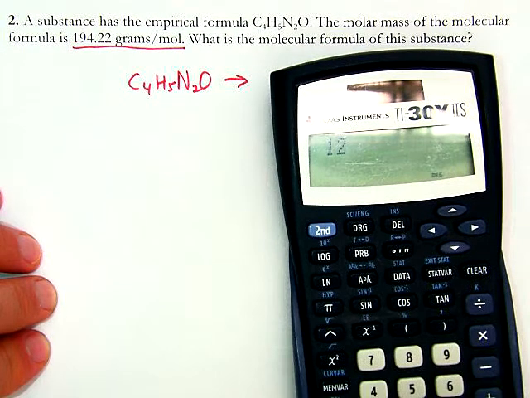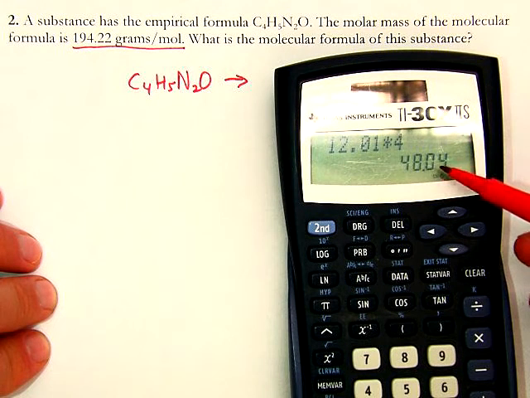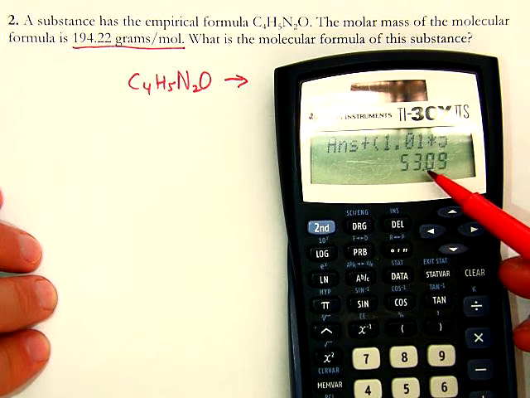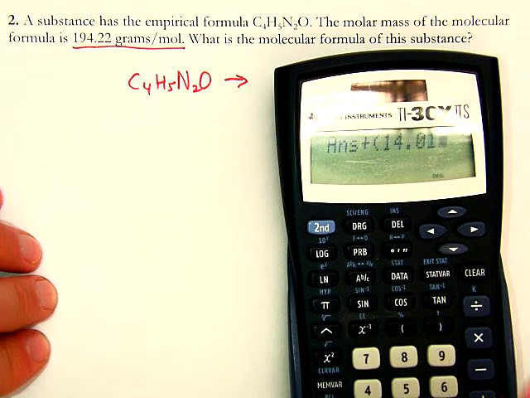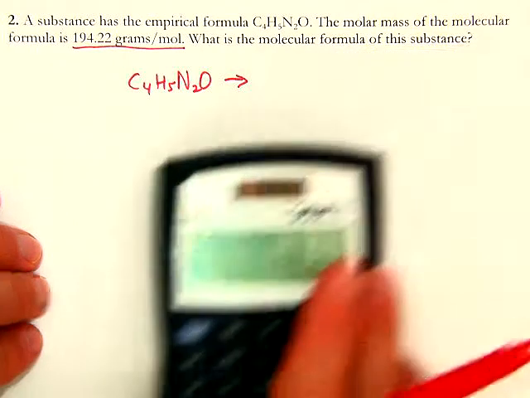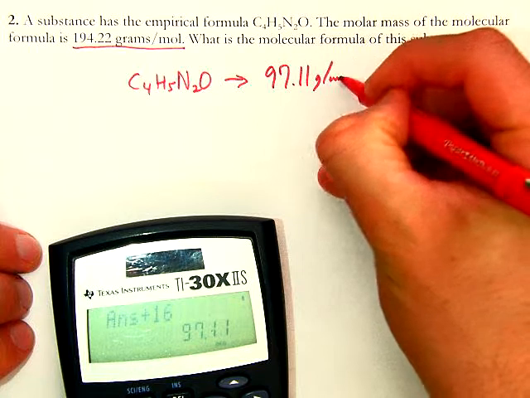So 12.01 is carbon times 4, so that's our 4 carbons, plus we have 1.01, that's hydrogen, times 5, and then we have 2 nitrogens, so that's 14.01 times 2, and then we have oxygen, which is 16. So this whole thing has a molar mass of 97.11 grams per mole.